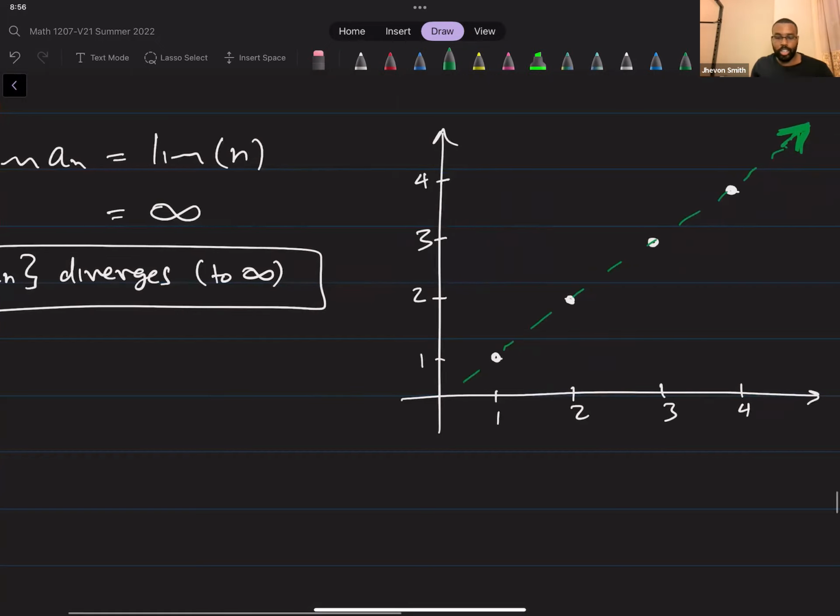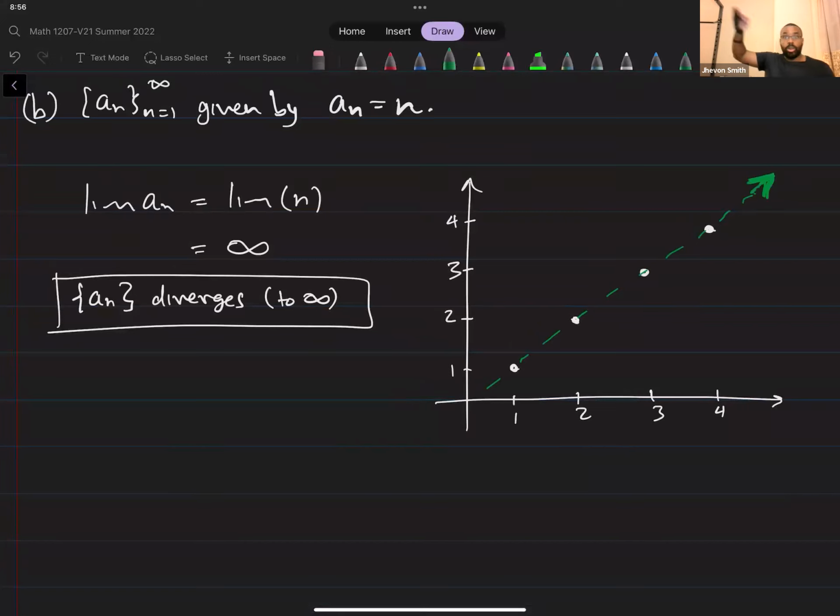So I can talk about a trend here, but it keeps going up and up and up. So the terms keep getting bigger and bigger and bigger. They do this without bound. It'll eventually get bigger than any positive number you tell me. The terms of the sequence will eventually get larger than that. So I describe that by infinity. So it diverges off to infinity. I want to consider this as divergence.